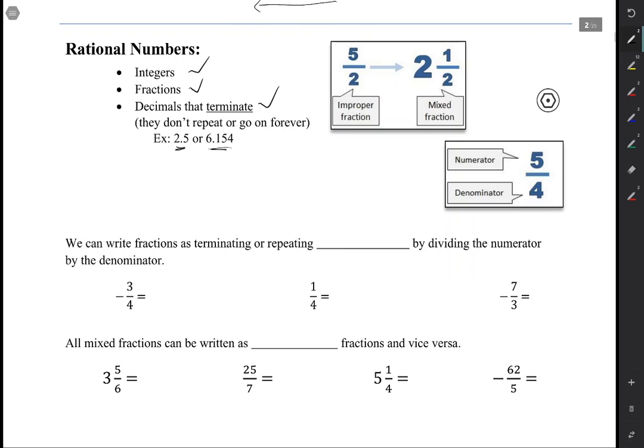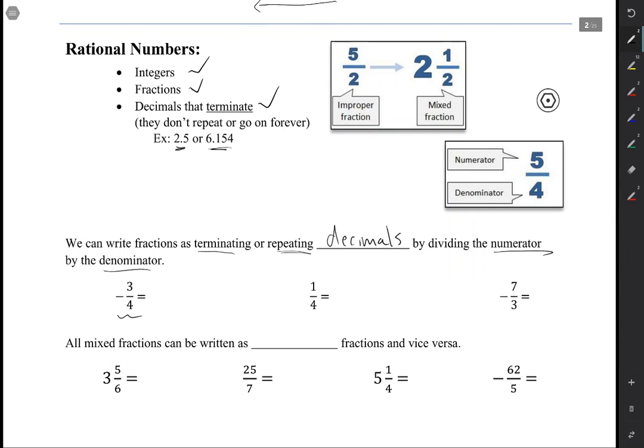Now let's look at how we can write fractions as terminating or repeating decimals. We can write fractions as terminating or repeating decimals by dividing the numerator by the denominator. That's pretty easy, and we've looked at this in class as well. For instance here, we have negative 3/4, or 3 over 4.